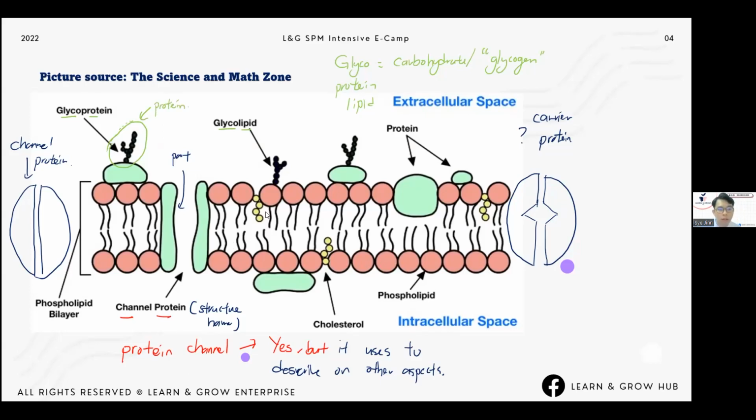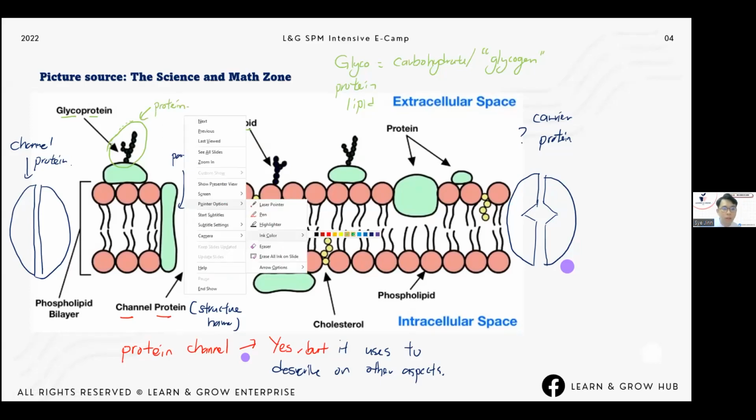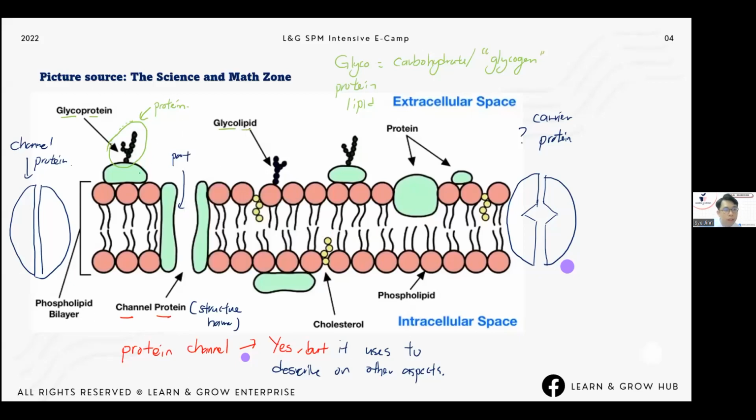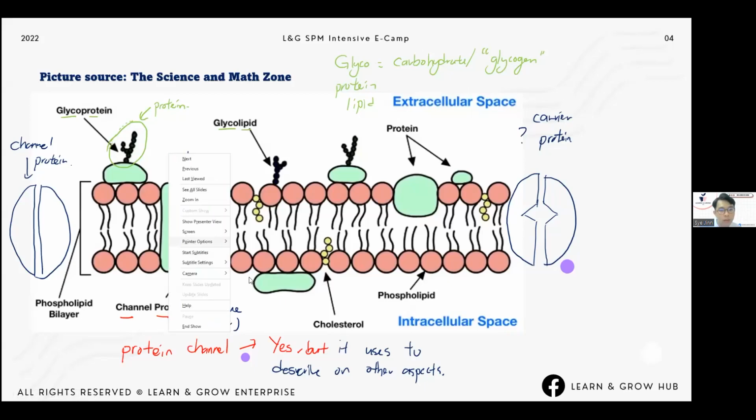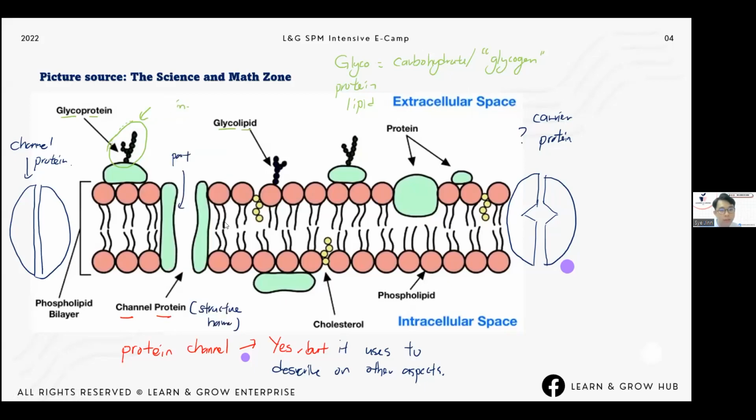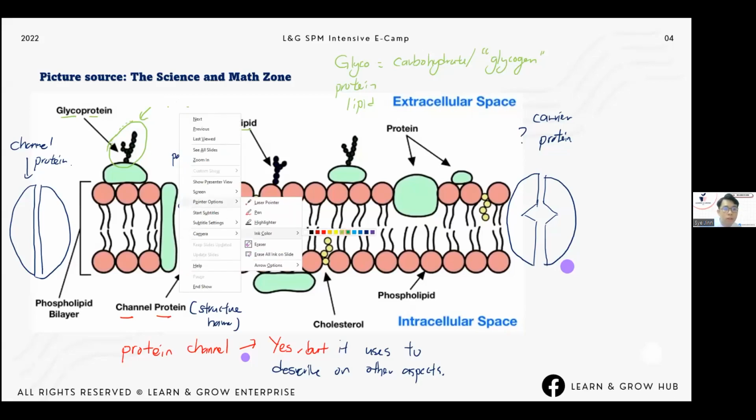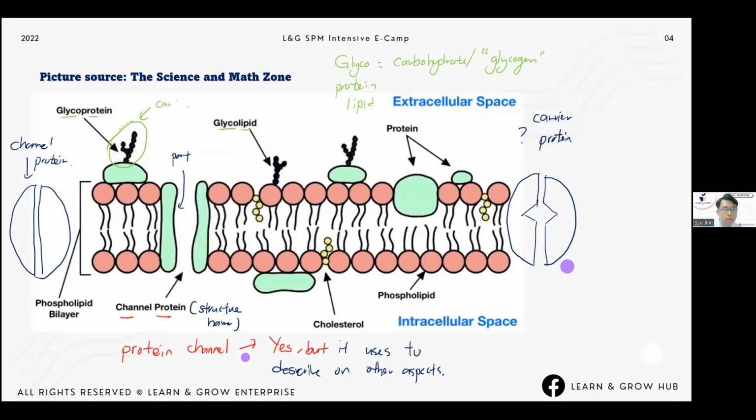But another part, here is the, sorry, glycoprotein. I put the wrong labeling. Here is the glyco, here is the carbohydrates.